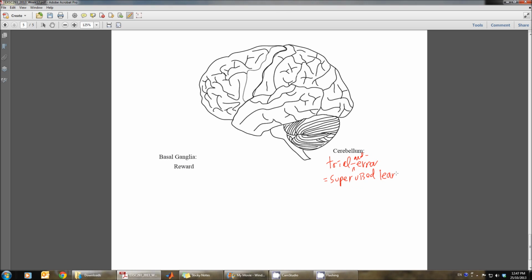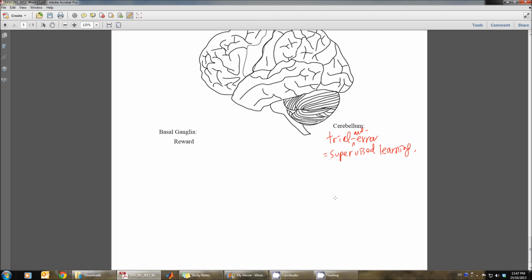Where the teacher or supervisor is the mistake or error. So this learning is you learn from mistakes and go closer to the goal by closing the gap or making the error smaller. And how does the cerebellum make the error smaller?